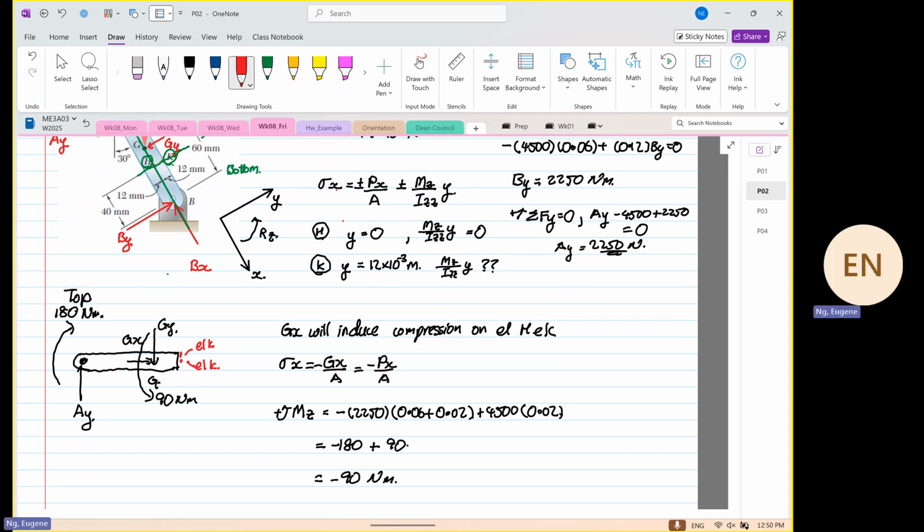So overall we are going to have in this direction 19 Newton meter. Okay, because over here we consider anti-clockwise to be positive. So now if we change the sign, 19 Newton meter is going to rotate in this direction. Okay.